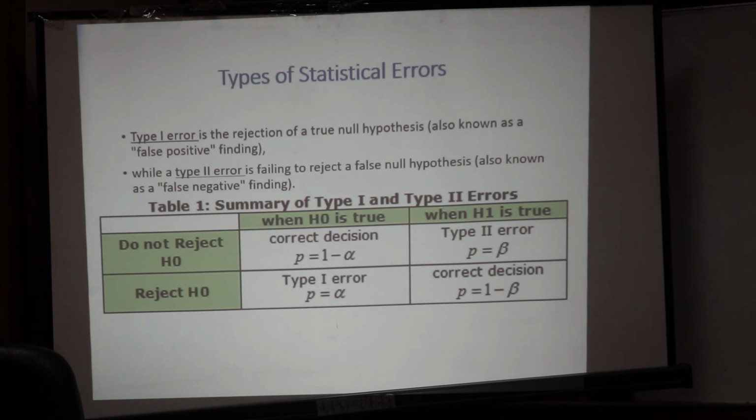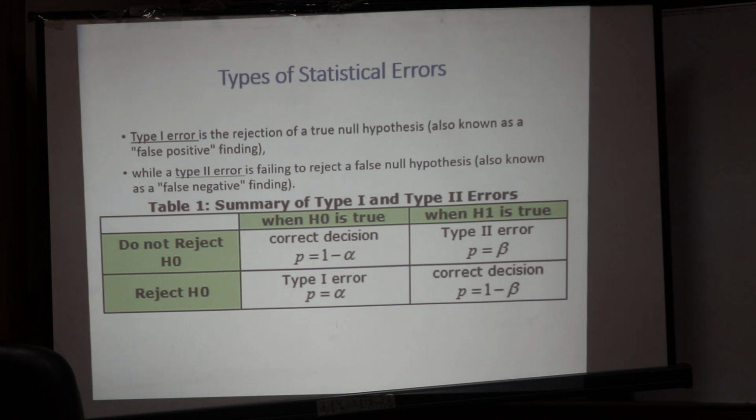And the opposite is the beta error, when we fail to reject and it's not true. So this is the difference. We have two types of error, type 1 and type 2. Type 2 error we call beta, type 1 error we call alpha.